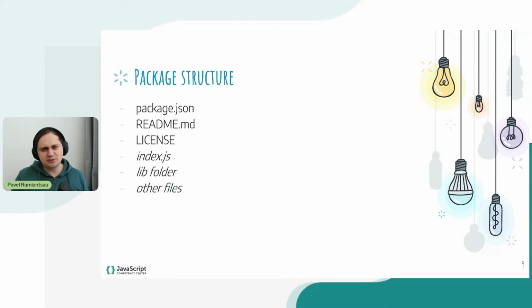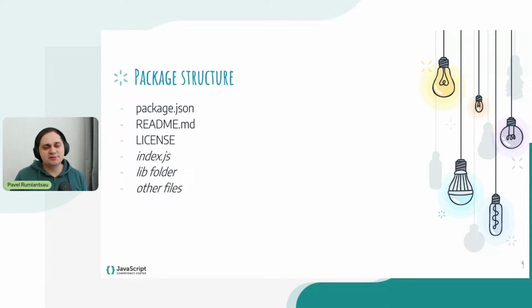By default, you might find a structure that looks like this. The first thing, which, as I mentioned already, is the most important one, is the package.json file. This is the meta information about your package. It contains every detail that NPM needs, that users need. So this is the file that you will always see.